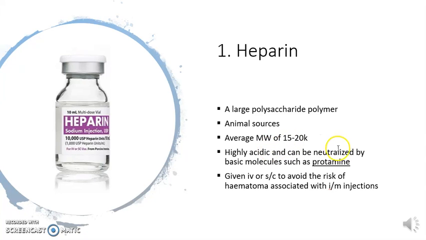But the good thing is it can be neutralized by molecules such as protamine, which is basic. Basic means alkaline. So it's given intravenously or subcutaneously to avoid the risk of hematoma associated with intramuscular injections.